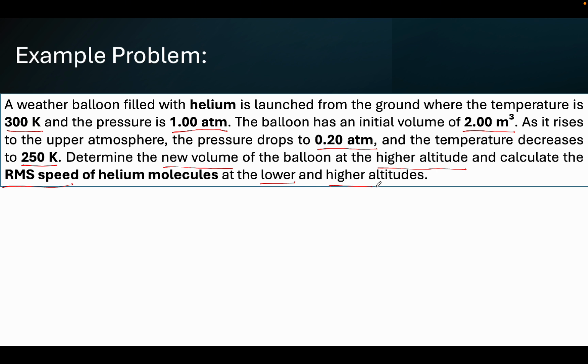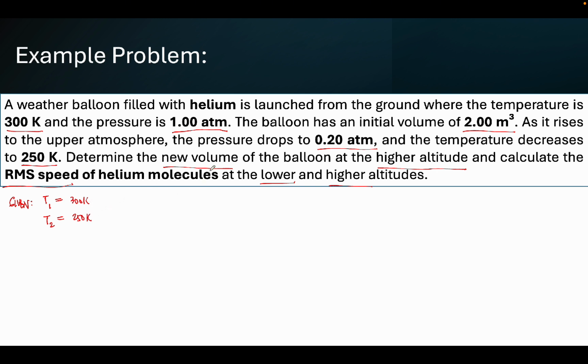Okay, so let's start first with the new volume. What we need to find is, first, the new volume at higher altitude, and second, the root mean square speed at lower and higher altitudes. Okay, so let's write first the given values. We have the initial temperature, T1, equal to 300 Kelvin, and our final temperature, which is 250 Kelvin.